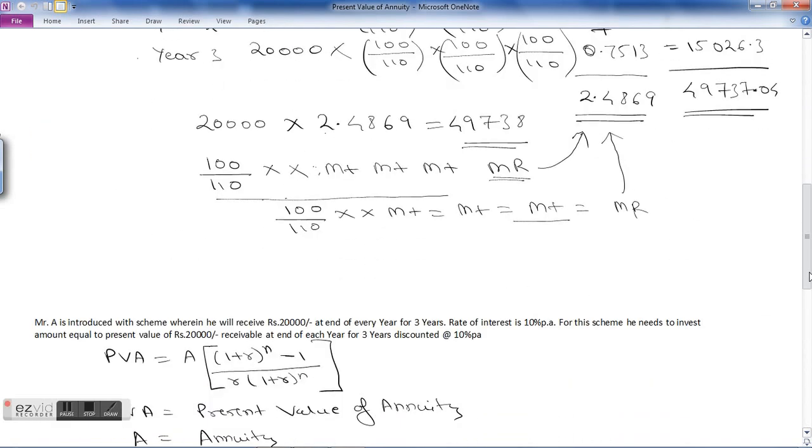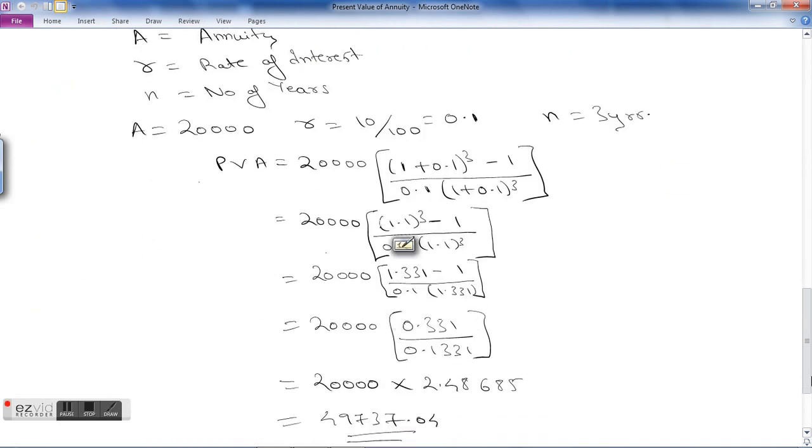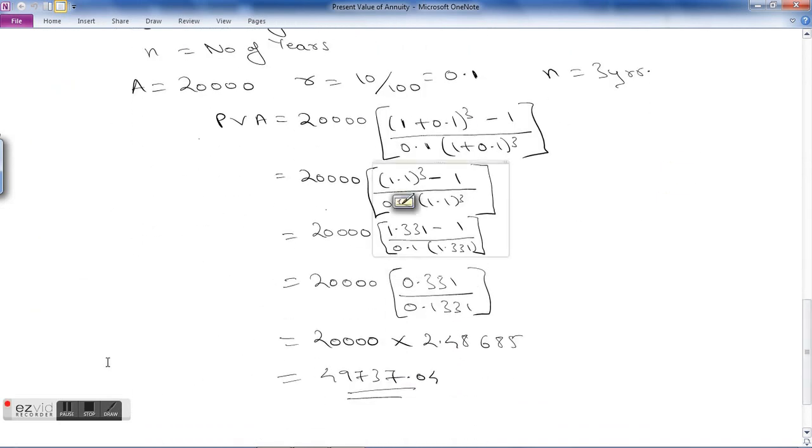If the annuity is received at the beginning of each year, then the formula will change and the entire calculation will change. But when you say annuity, it's usually at the end of every year. So this was about the present value of annuity.